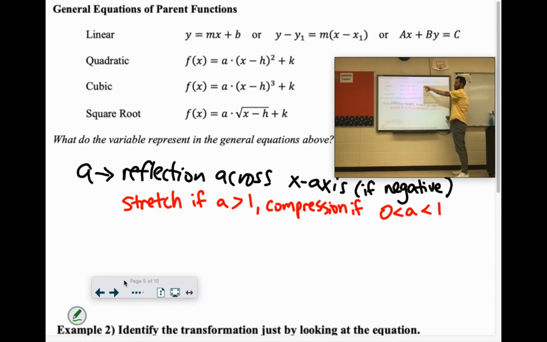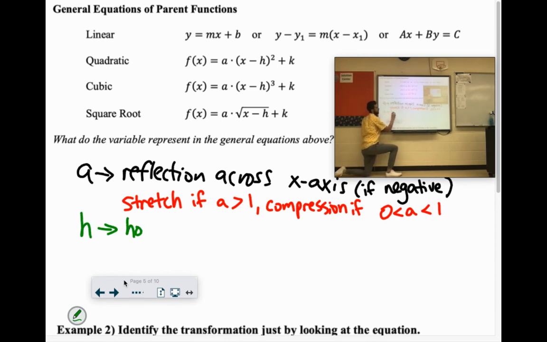Then if you look in parentheses here, we have the -h. So h indicates horizontal, which is right and left. Here's how I have to remember it. Because there is subtraction built into the formula, it's kind of the opposite in my head of what makes sense.